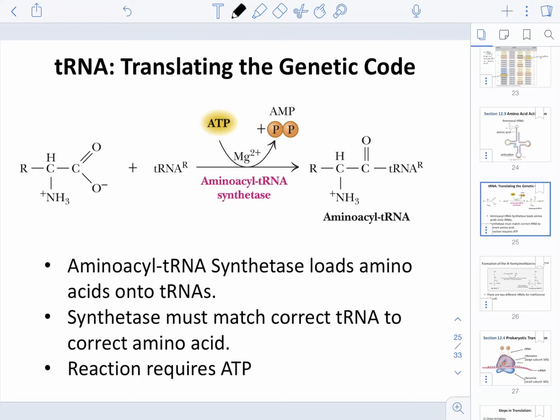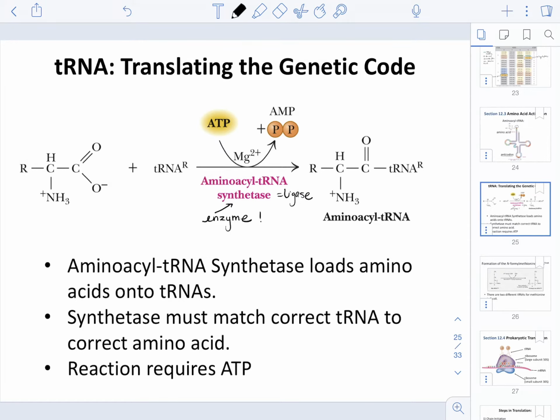When it comes to the incorporation of amino acids onto tRNAs, understand that all of this is performed by the enzyme aminoacyl tRNA synthetase. This means that this enzyme is a ligase.